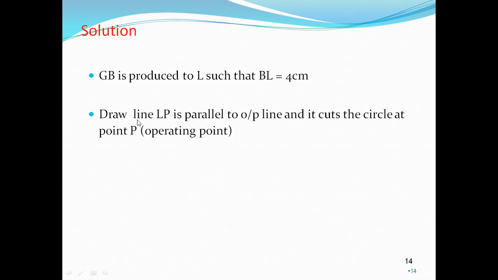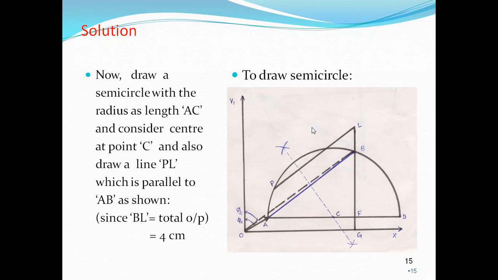From there draw line LP parallel to the output line, and it cuts the circle at point P. That means after getting the point L, we have to draw the parallel line, which is parallel to the output torque line AB. OP represents the full load current. See here, I will explain clearly.